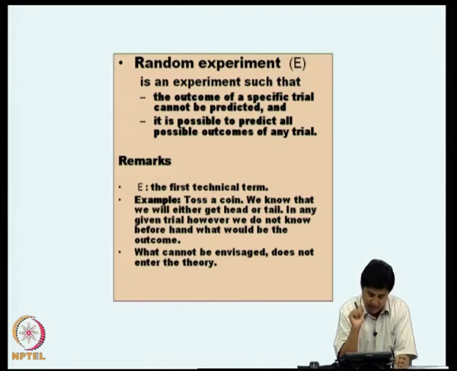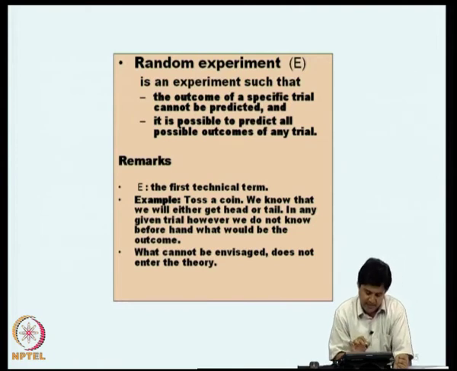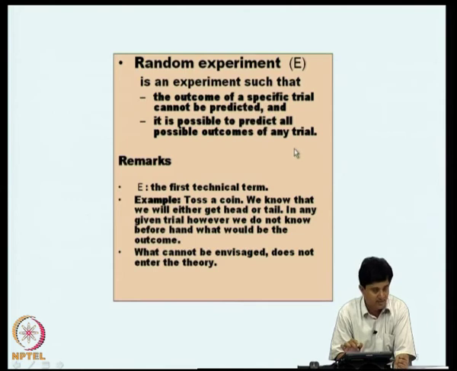One more important aspect of probability theory can be clarified at the outset. When we say that it is possible to predict all possible outcomes of a trial, the scope of the theory would be limited to what we envisage as possible outcomes.